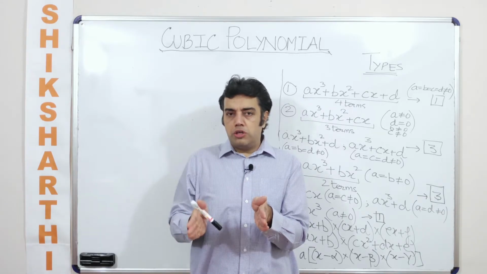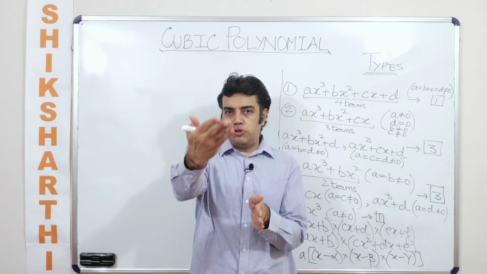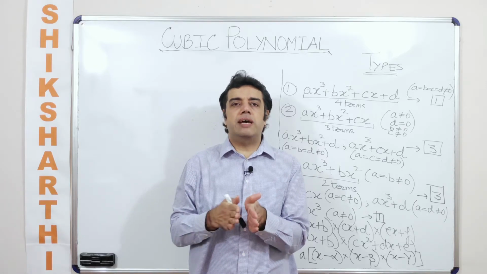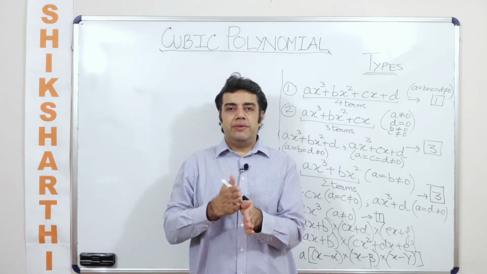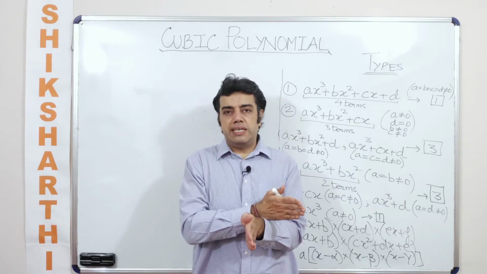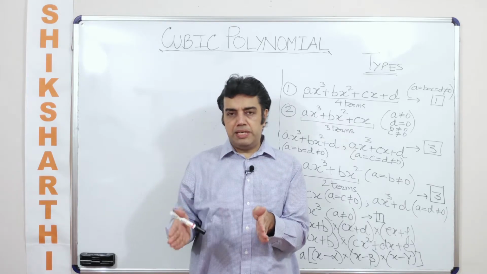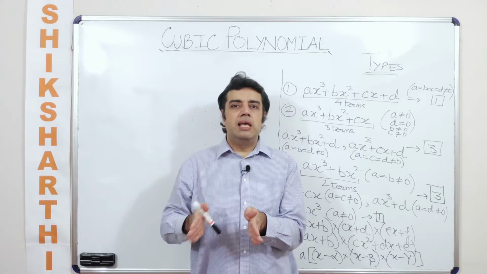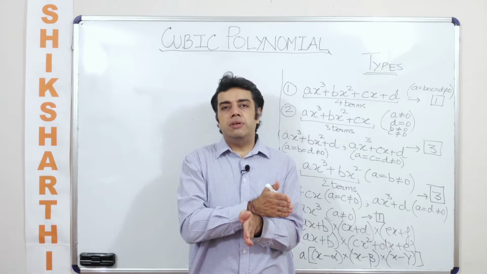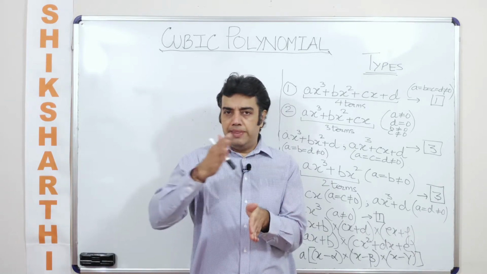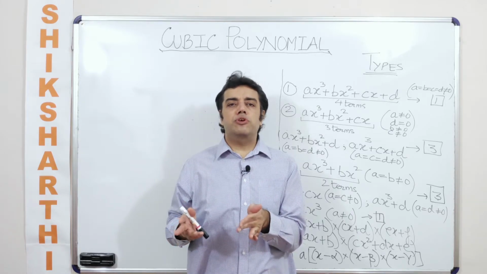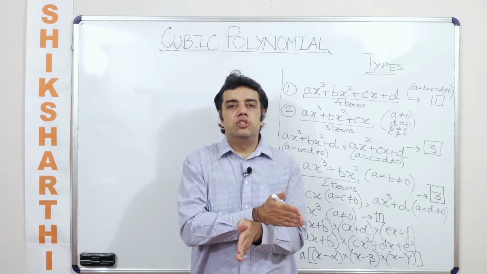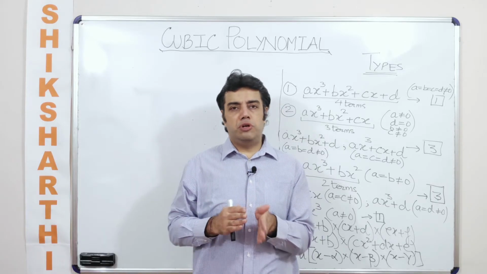right? Or on one side of the equation, let's say the left hand side should have a cubic polynomial, the right hand side should have a quadratic polynomial. The left hand side should have a cubic polynomial, and the right hand side should have a linear polynomial. The left hand side should have a cubic polynomial, and the right hand side should have a constant polynomial.